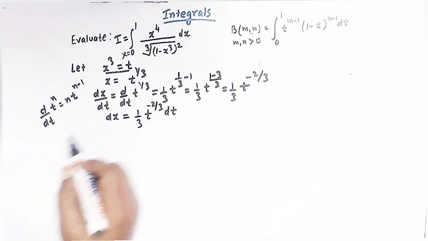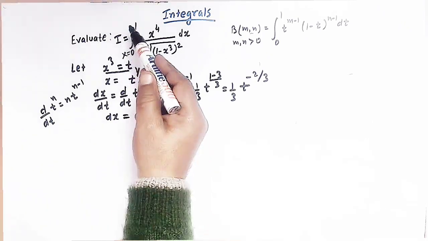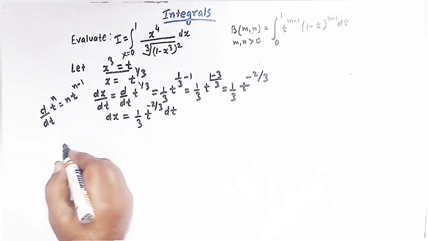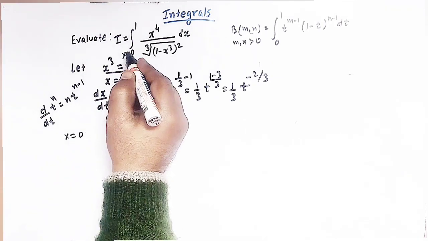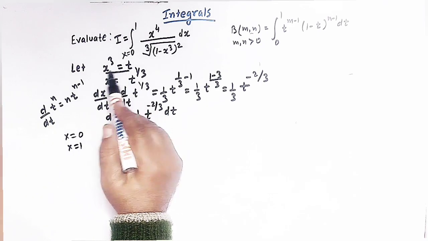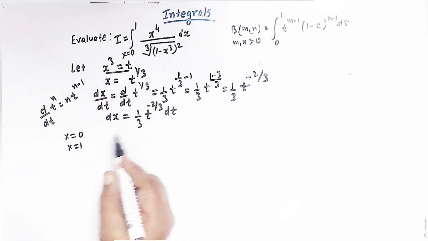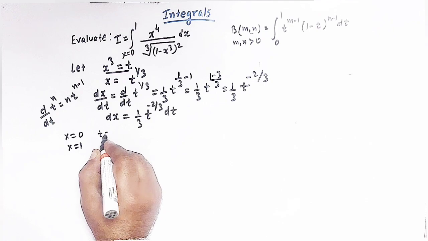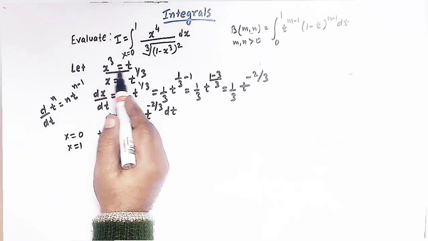Right? So now let us change the limits accordingly. Here the lower limit is x is equal to 0 and the upper limit is x is equal to 1. So when x is equal to 0, then the value of t can be obtained from this expression.